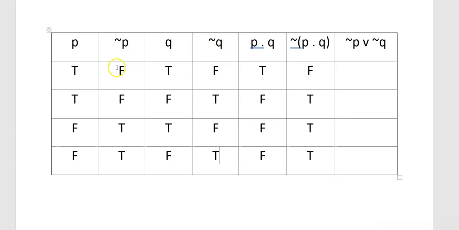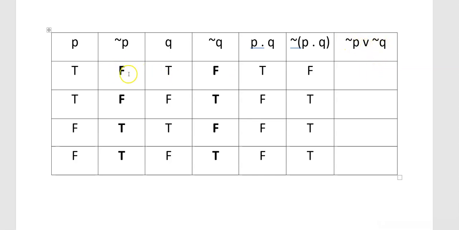Now let us try to put negation P and negation Q in the relationship of disjunction. So look at the first row. Negation P and negation Q, both are false. So what would be the value of negation P with negation Q?